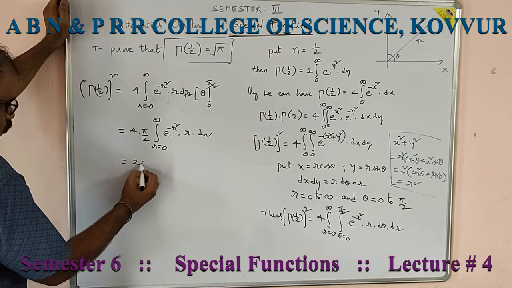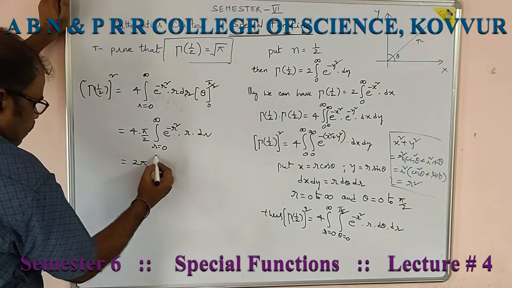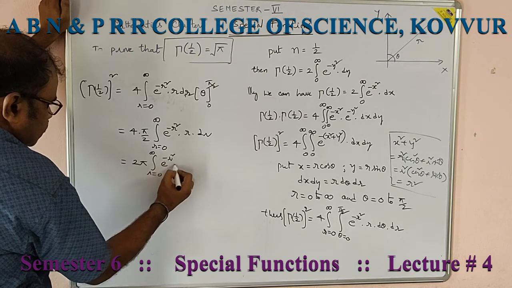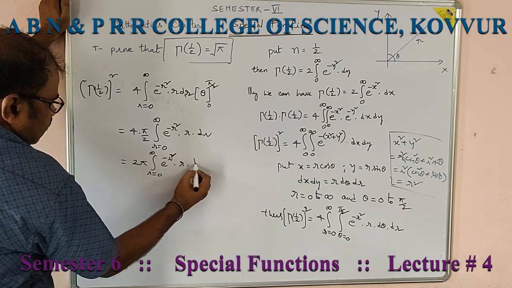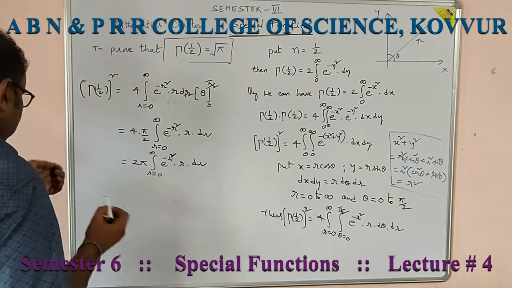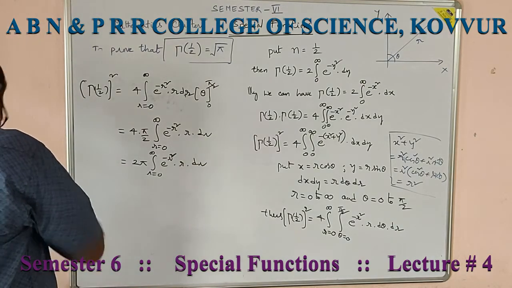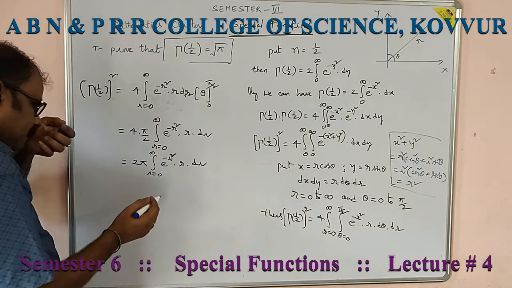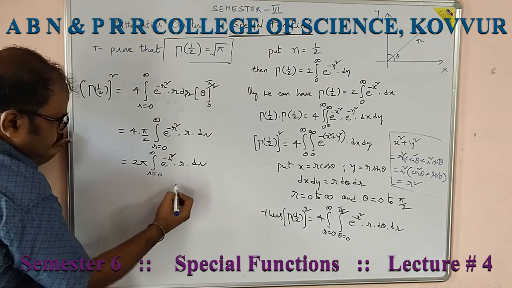That is equal to 2 pi into integral r from 0 to infinity e power minus r square r dr. So let us substitute r square is equal to t.